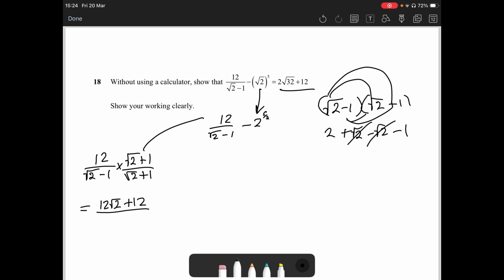The plus and minus root 2s cancel out. 2 take away 1 is 1. So it's all divided by 1. Lovely jubbly. So this first bit here is nice because it is simply 12 root 2 plus 12.